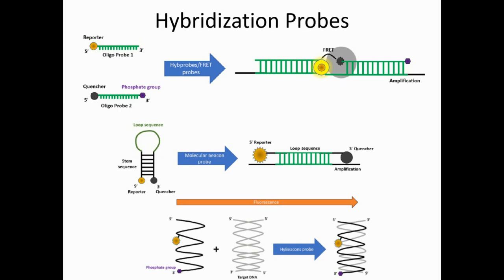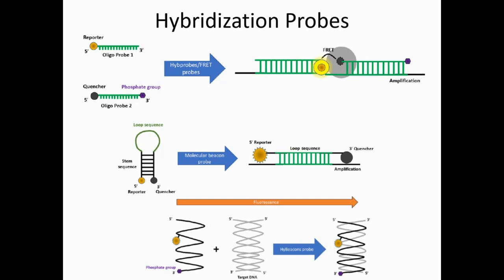The advantage of this probe is that its design and synthesis is quick and easy. It can be used in the multiplex format for pathogen detection, viral and bacterial load quantification, and microarray validation. So that's the FRET probe.